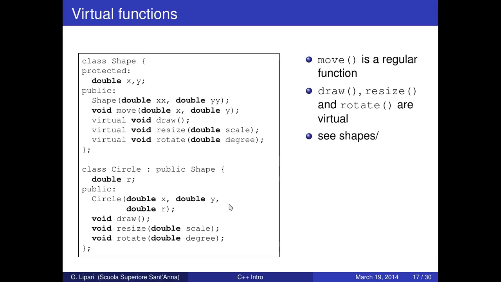And then I'm going to, of course, have a typical constructor, and then I redefine class draw, which is a virtual function. I redefine class function resize and the function rotate. Okay, so move is a regular function, and draw, resize, and rotate are virtual functions.